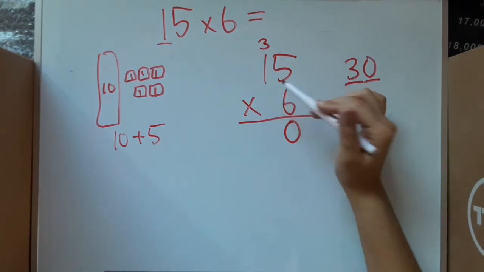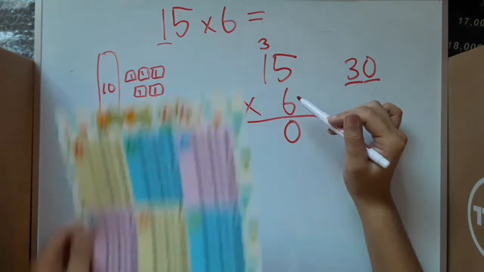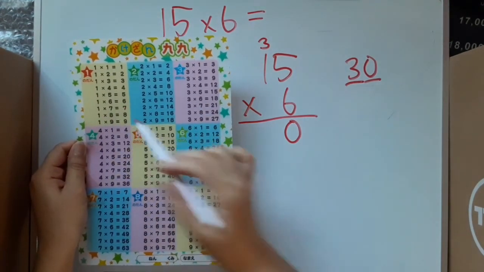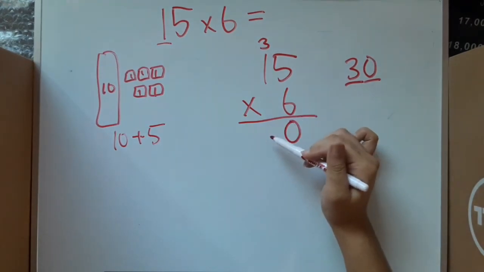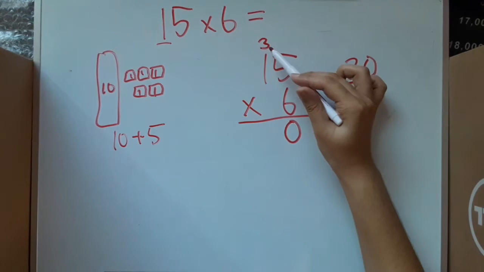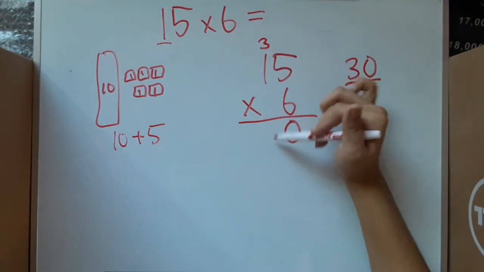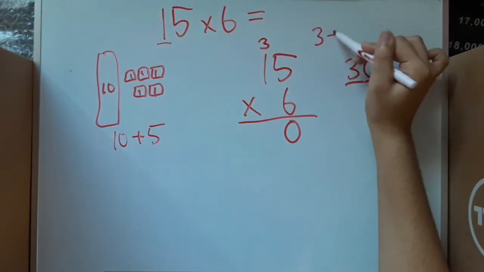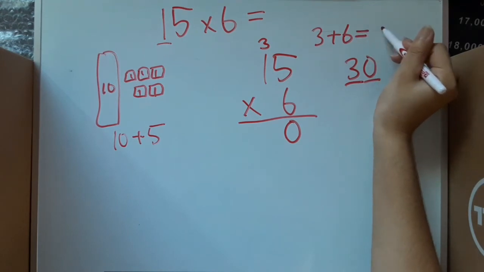This 1 times this 6 is next, and 1 times 6 equals 6. So we would put the 6 on the bottom, but since we also have this 3, we add this 3 to the 6 that we have right here, meaning we will do 3 plus 6, and 3 plus 6 equals 9.